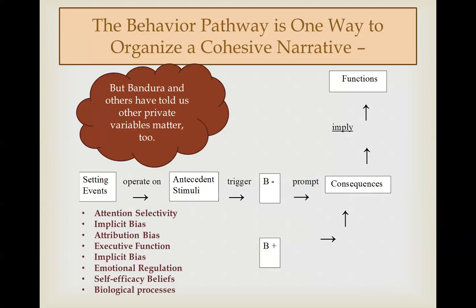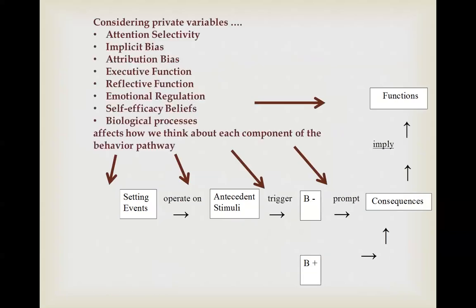These are what those private variables are, and I would argue that these private variables affect the way the person perceives the environment. So here's my bias at work again. You can scrub an environment.